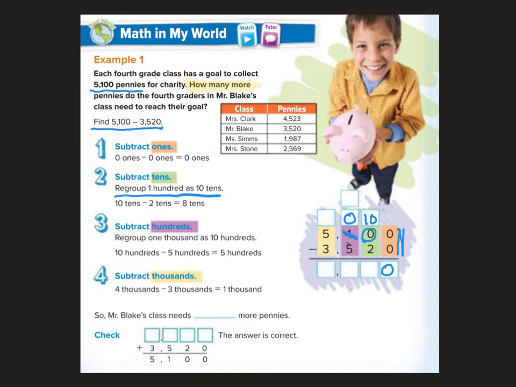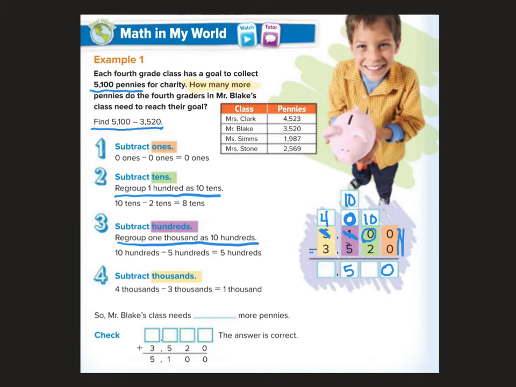Okay, now I have to subtract hundreds. I have 0 hundreds minus 5 hundreds. I don't have enough. So I have to go next door and get 10 more from Mr. Thousands. I'm going to regroup 1,000 as 10 hundreds. I don't have any hundreds, so now I have 10. The thousands place has 4. 10 hundreds minus 5 hundreds is 5.